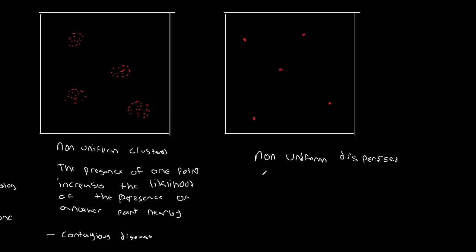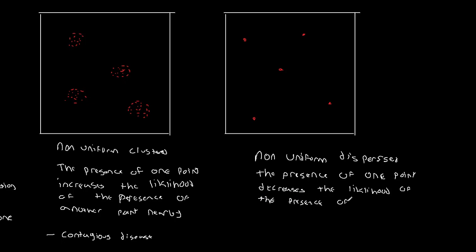And non-uniform dispersed is basically the presence of one point decreases the likelihood of the presence of a point nearby.